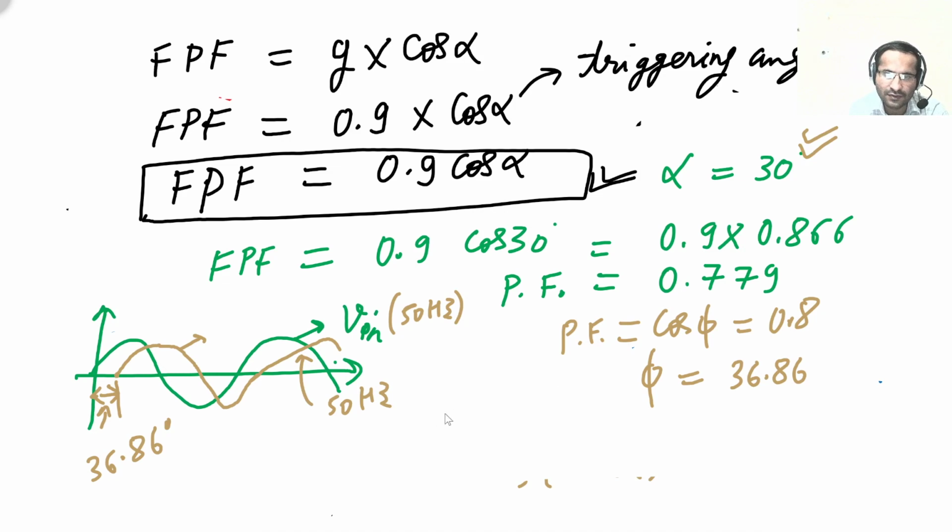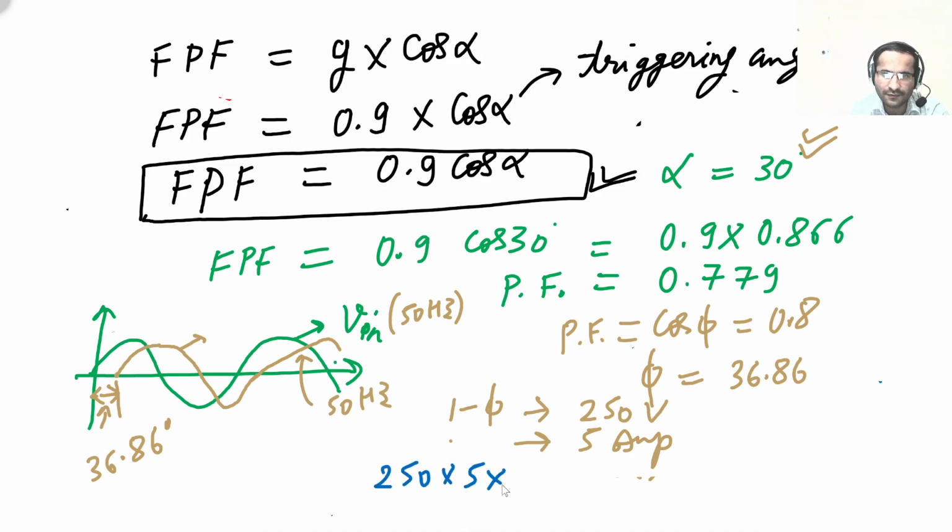And let us say the single phase source voltage is 250 volts and the source current is 5 ampere. We can find the total active power consumed by the converter from this: 250 into 5 into cos phi, 250 into 5 into 0.779. This gives the active power consumed by the converter, and this active power equals the output power if you assume converter losses are 0.